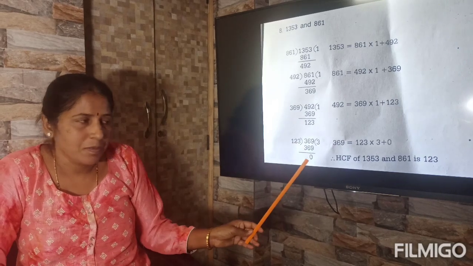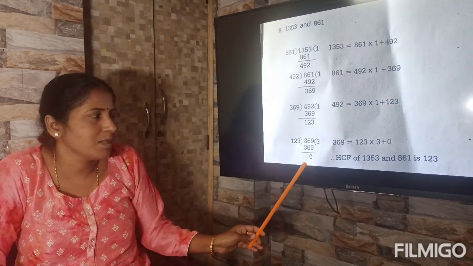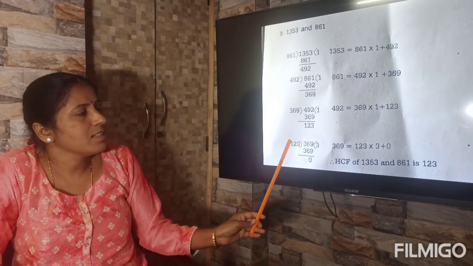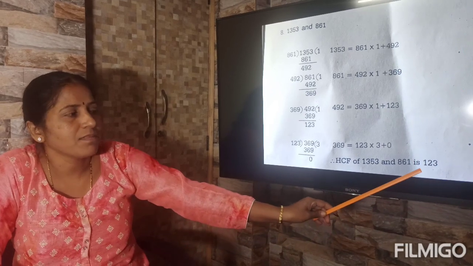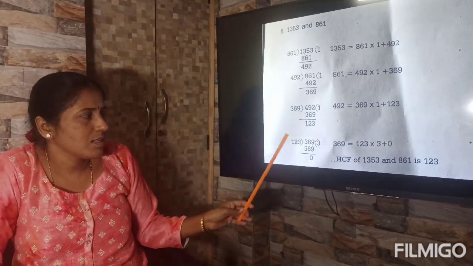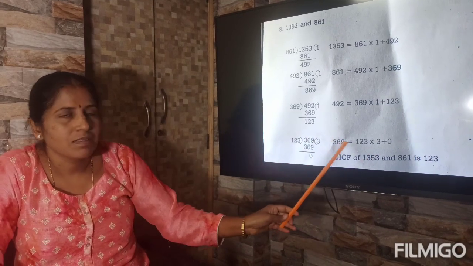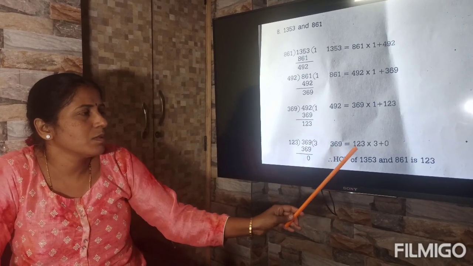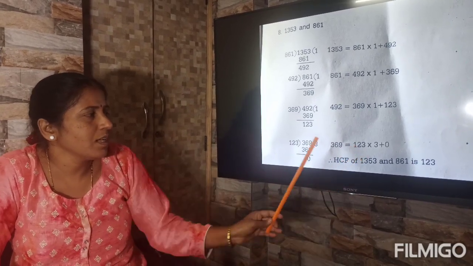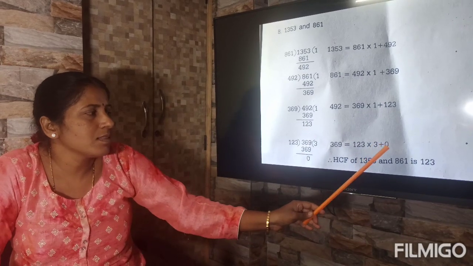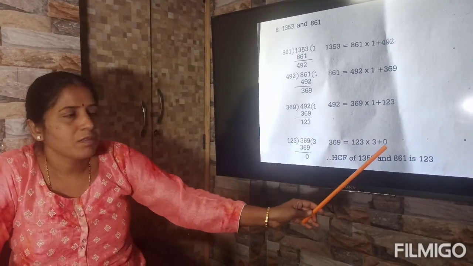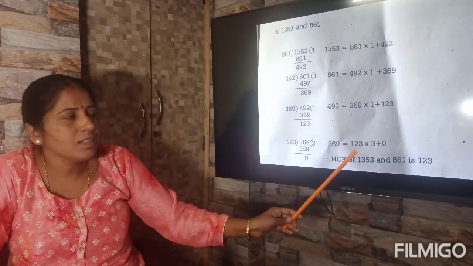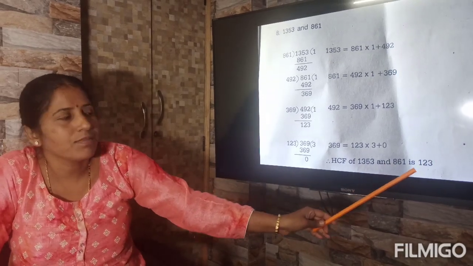In which step we get 0, in that step what was the divisor, that divisor becomes the HCF of the given two numbers. These steps as division lemma, I have to write like this: 369 is the dividend, that is equal to divisor 123 into quotient 3 plus remainder 0. Here we got 0 remainder, therefore the divisor here is the HCF of the given two numbers.